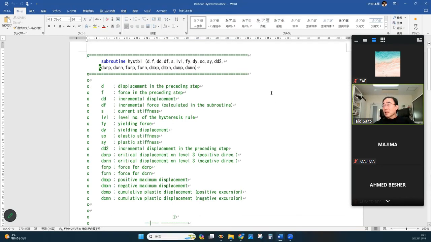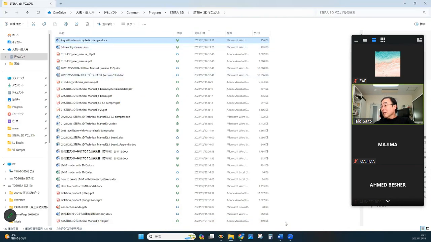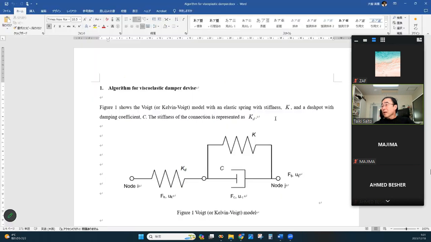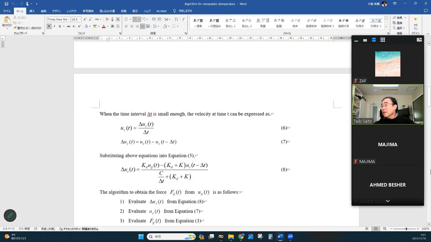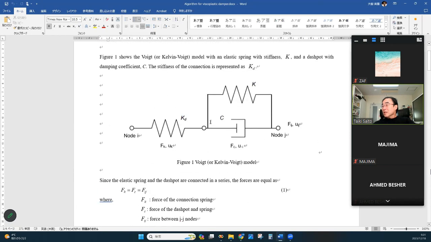So, how to say? So this is a viscoelastic damper.